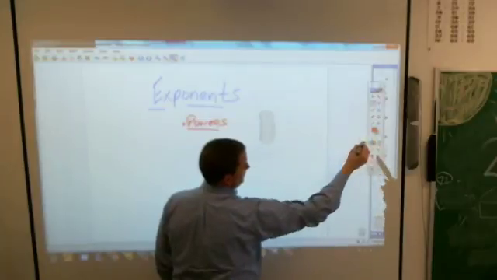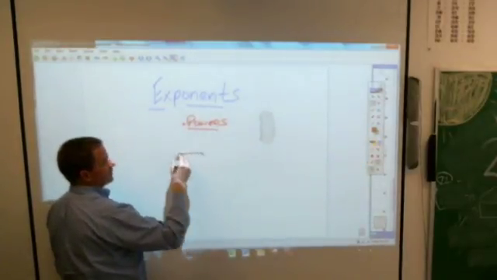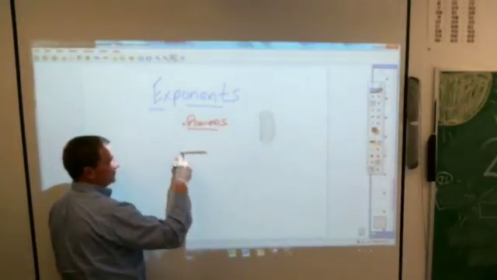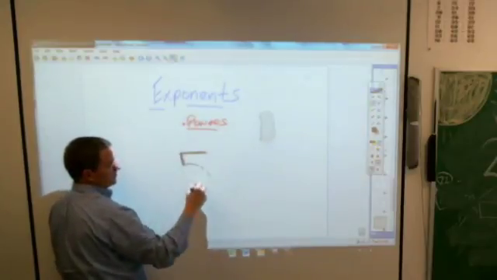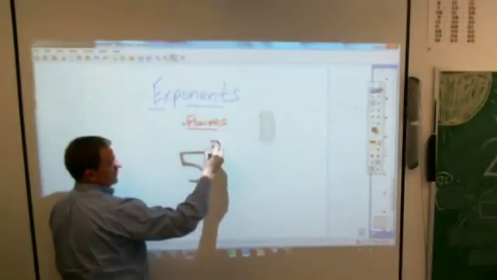And an example of an exponent would be this: 5 to the second power, or 5 squared.